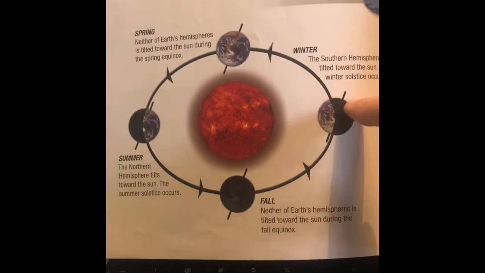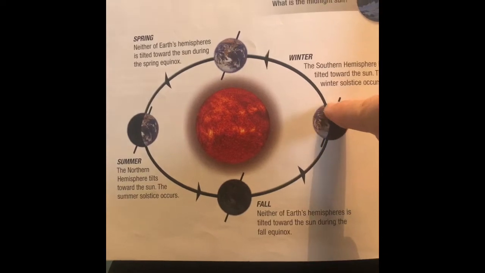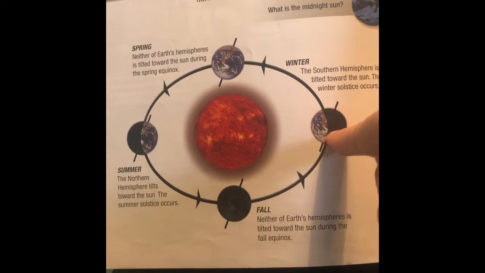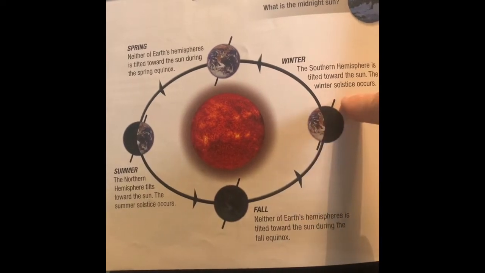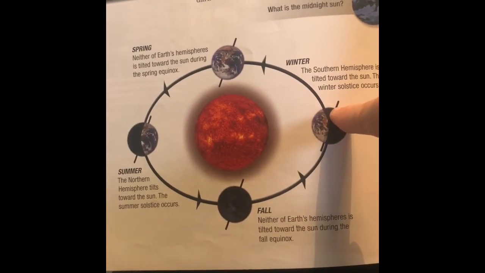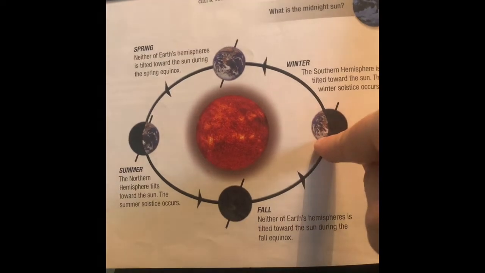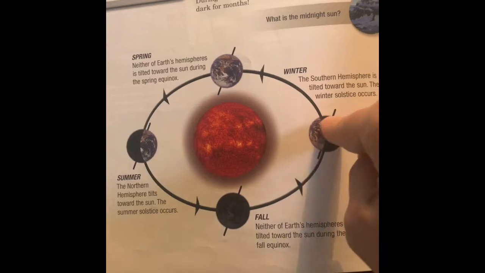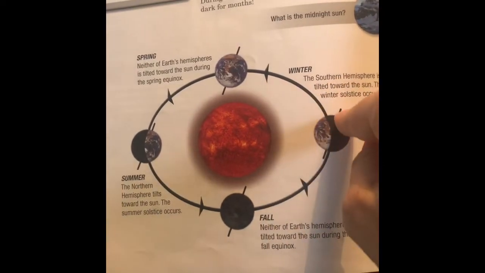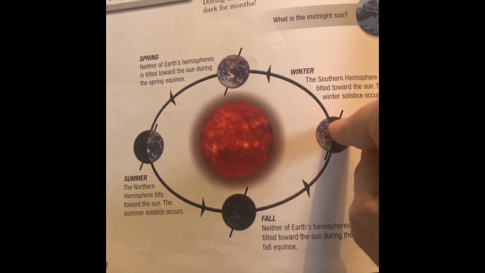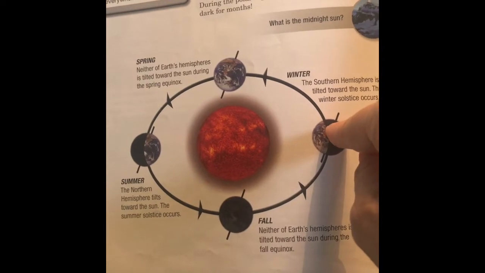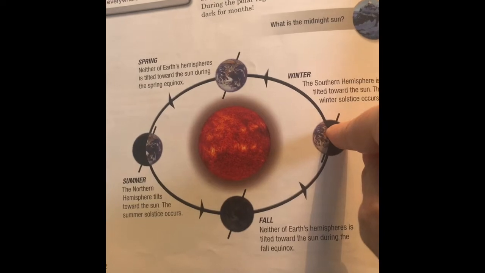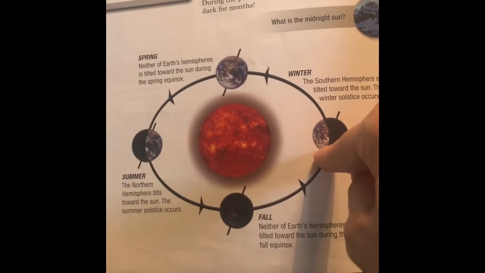So for instance, if I were up here living in the northern hemisphere, during this season right here, I'm tilted further away from the sun than the southern hemisphere. So when the earth would be at this point in its revolution around the sun, it would be winter, because you can see it's going to get a whole lot less sunlight than the southern hemisphere.